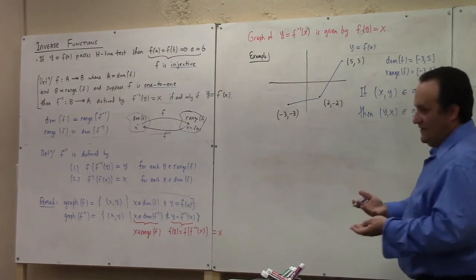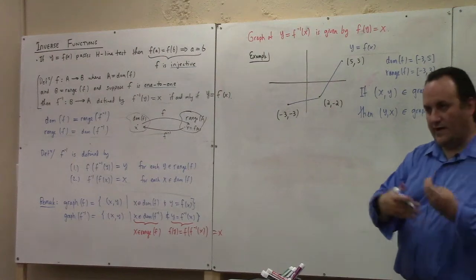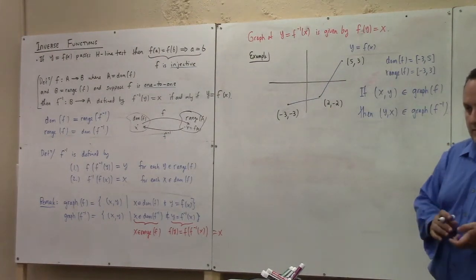My handwriting is degenerating into too small, so let me make the font bigger. And you can use that sentence I just wrote as a template for how to graph the inverse function from the given function. All right?